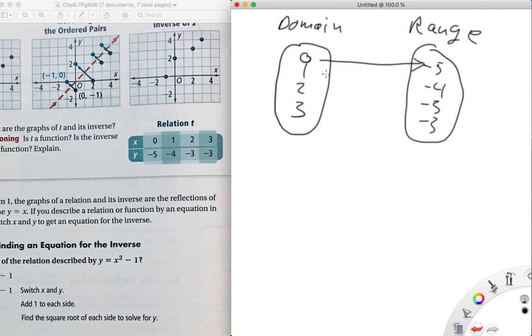So that's a function, definitely. The reason why it's a function is because every element of x has one y. This x has this y, this x has this y, this x has this y. Every x has exactly one y.